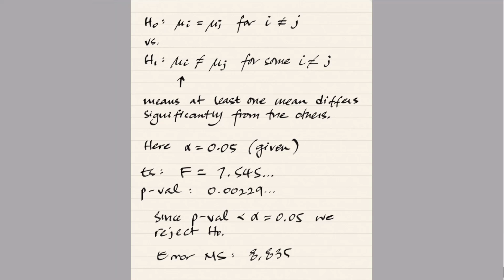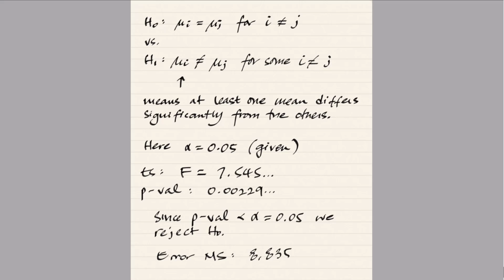The null hypothesis says effectively that mu sub i is equal to mu sub j for i not equal to j, meaning in a technical way that none of the means differ significantly. That's versus the alternative hypothesis, which says that mu sub i is not equal to mu sub j for some i not equal to j. That's the abbreviated way we would write that at least one of the means differs.